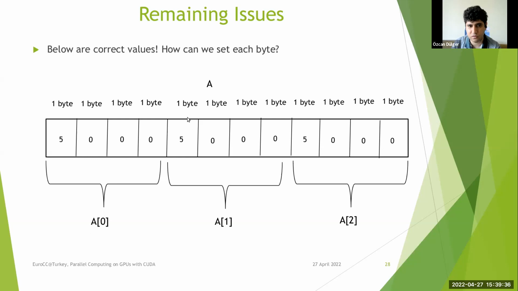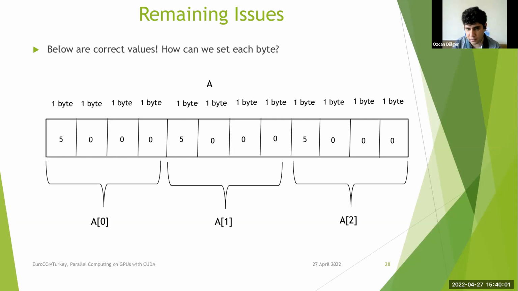Again, for the second one, the first byte should be 5 and the remaining 3 should be 0. And for the last one, the first byte is 5 and the remaining ones should be 0. In this case, we set each element to 5. So how can we do it?